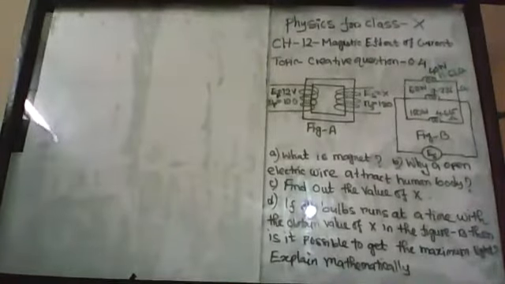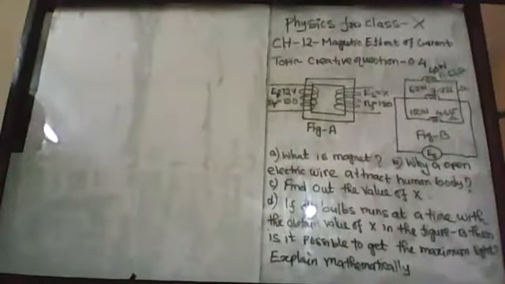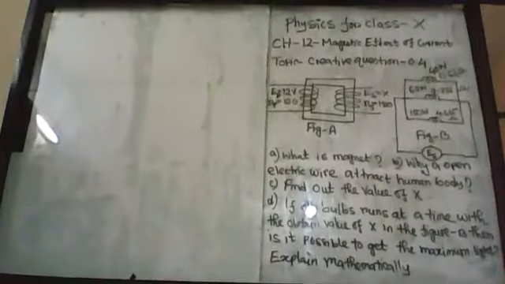Now I'm going to solve this creative question. Question A: what is called magnet? Question B: why can an open electric coil attract the human body?